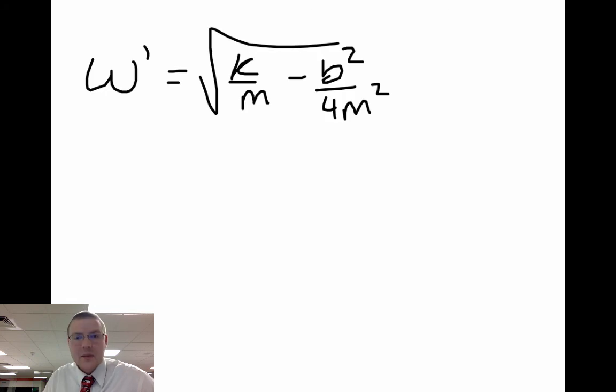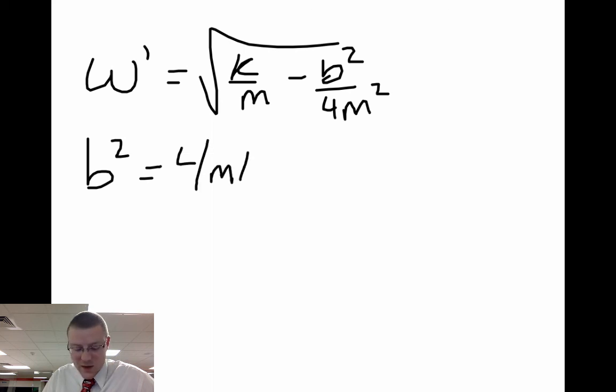The 3 rules for if you're critically damped, overdamped, or underdamped all depend on that b squared value. If the b squared value is equal to 4mk, when you put that into your new angular frequency, what you get is an angular frequency that equals 0.